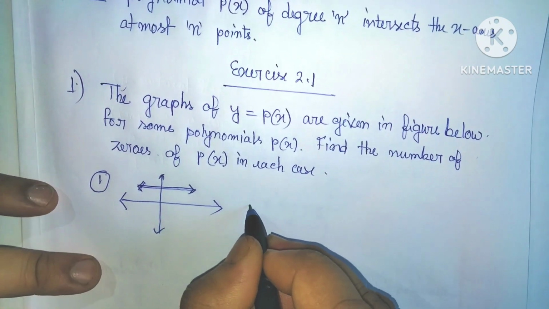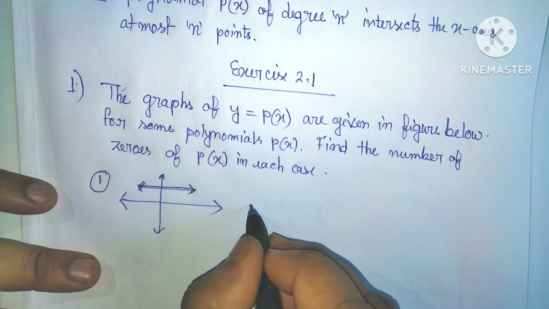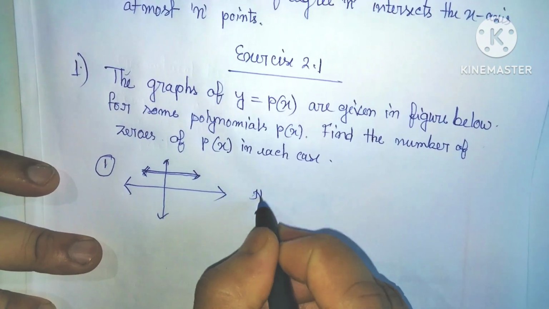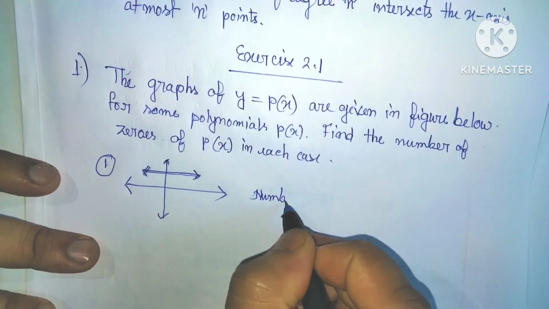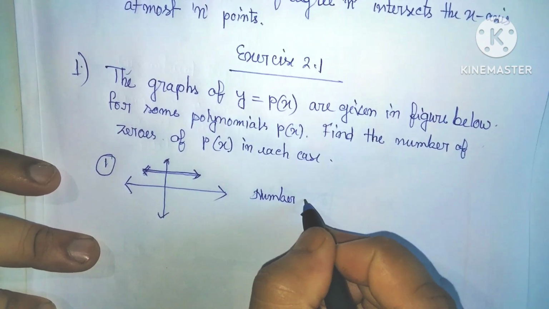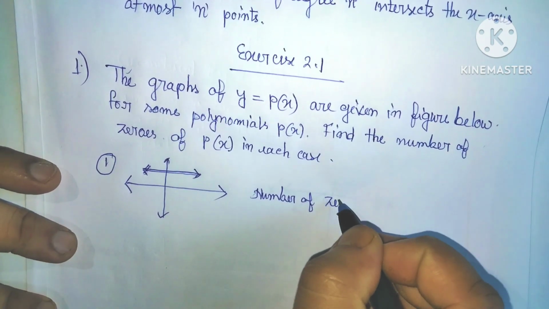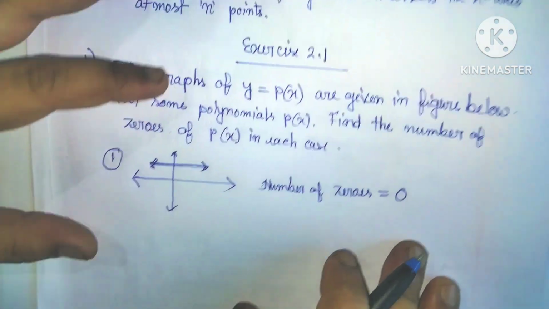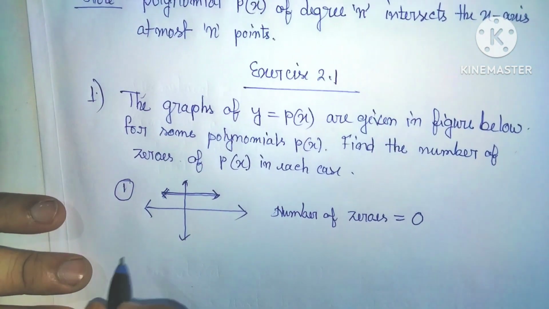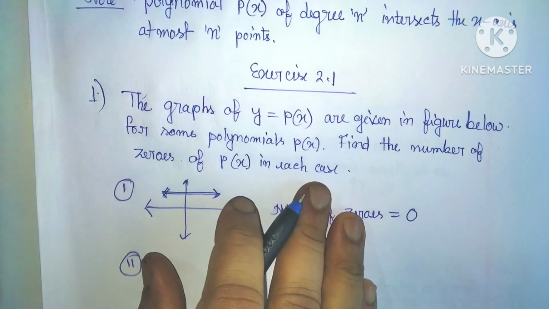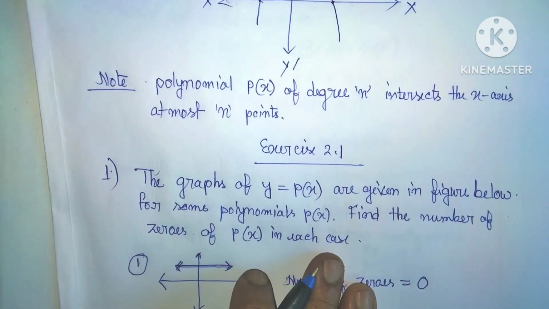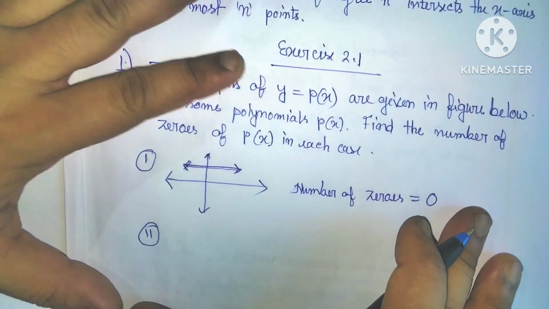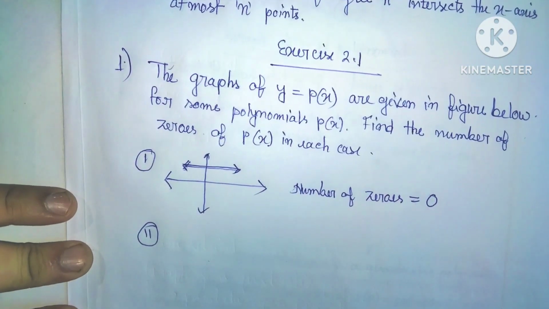So the number of zeros is 0. Again, next graph.